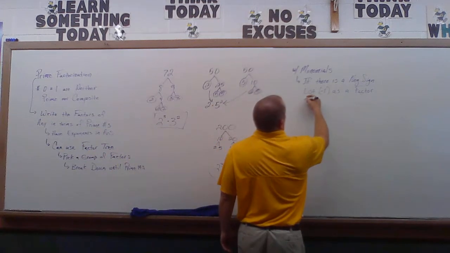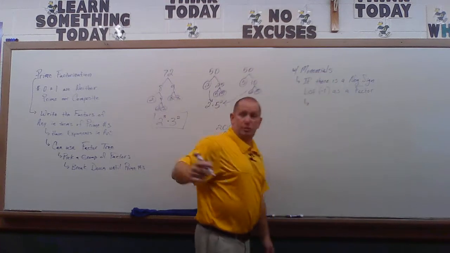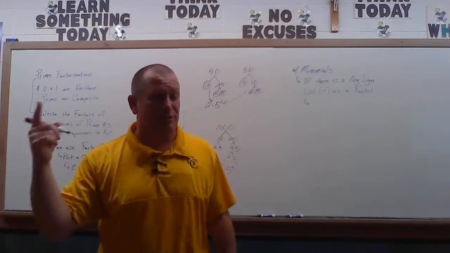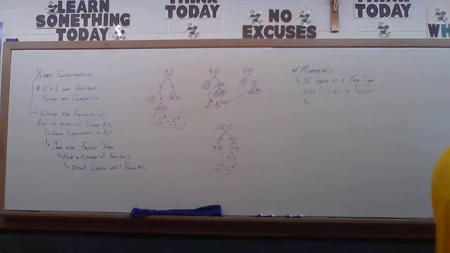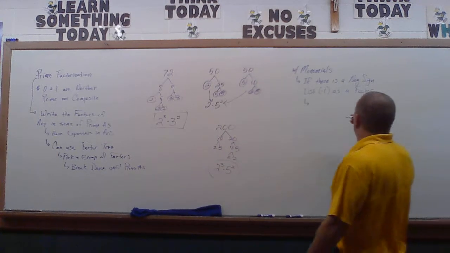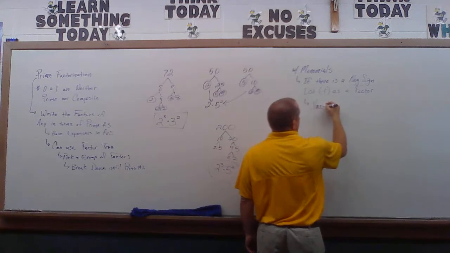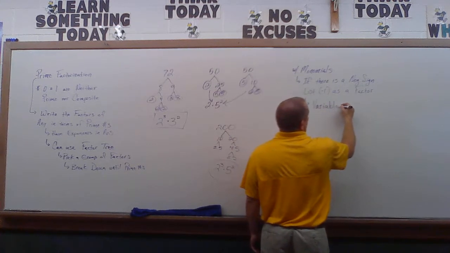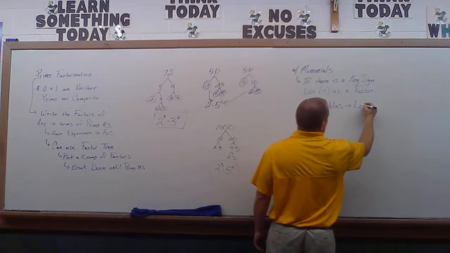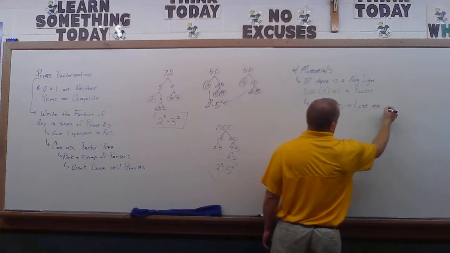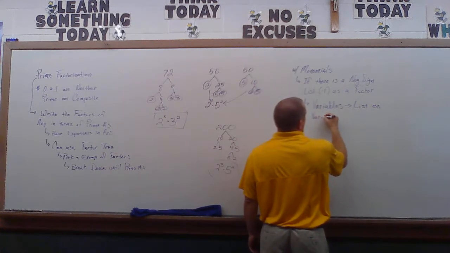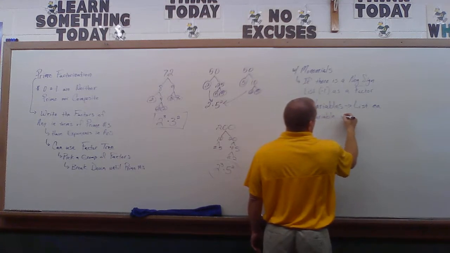And then, because it's a monomial, it could be a product, like Addison said. So if it's a product, it could include numbers and variables. So when you do the variables, you're going to list each variable separately.